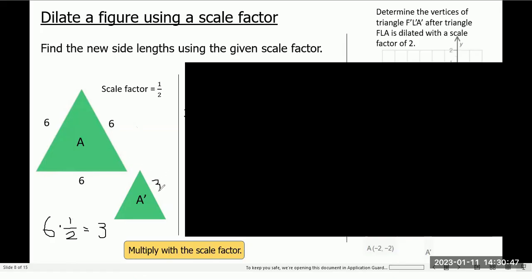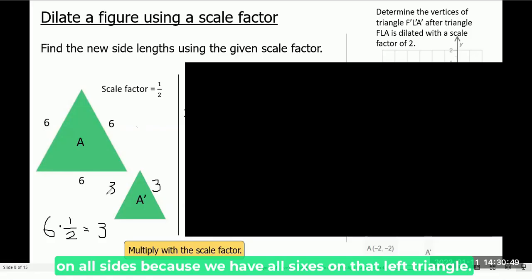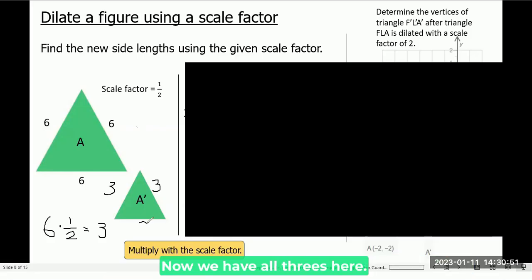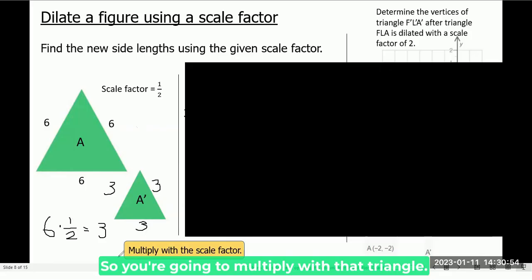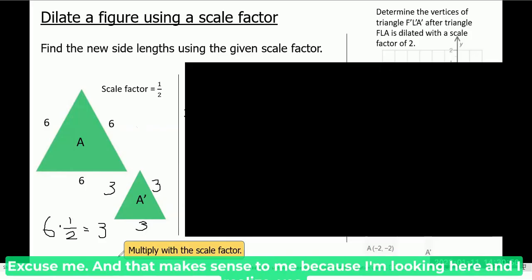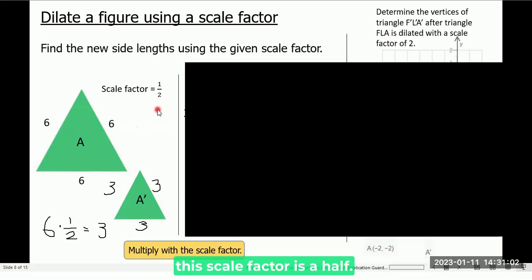Of course, on all sides, because we have all 6s on that left triangle. Now we're going to have all 3s here. So you multiply with that scale factor. That makes sense to me because this scale factor is a half, my triangle should be getting smaller, and it sure did. Great. Let's try this next one.